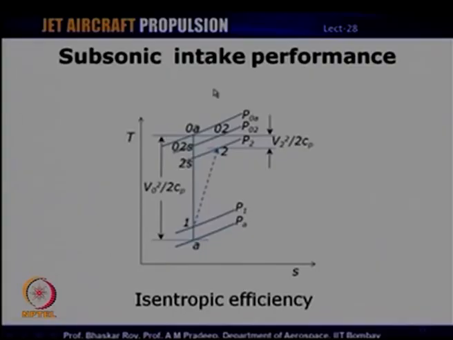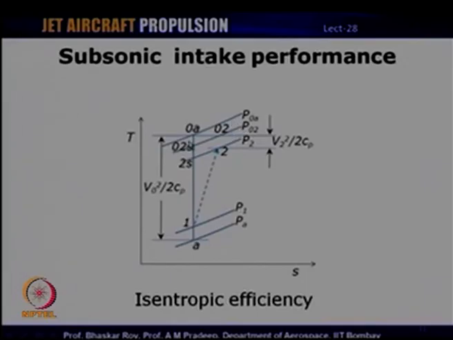Isentropic efficiency, which we have already discussed in some of our earlier lectures, is basically defined in terms of the temperatures that correspond to the difference in stagnation pressures, as a result of loss in stagnation pressure within the diffuser. You can see that P02 and P0A are two stagnation pressure lines.